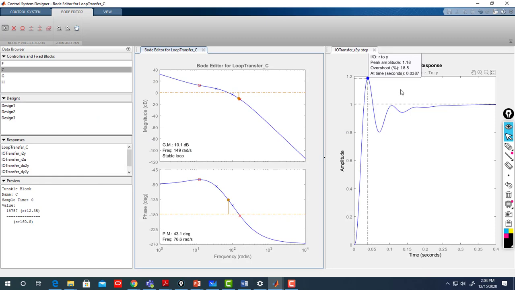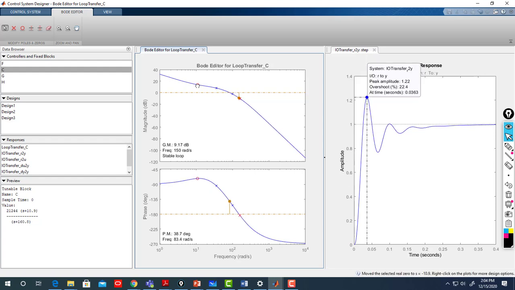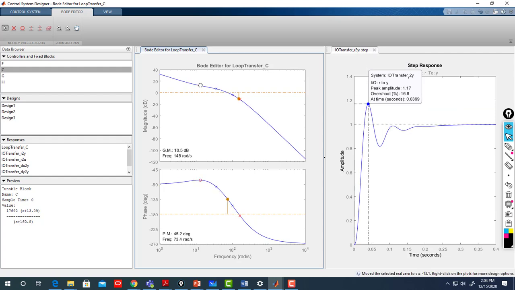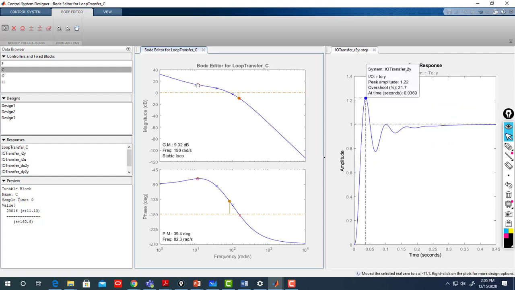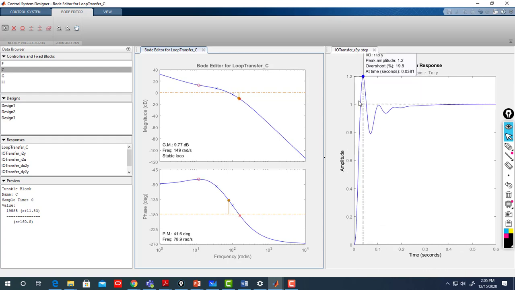Well, my peak time is less than 0.1, my overshoot is 18, so that's 20. Maybe I can. So this 22. Maybe this is too much. And the peak time is very slow. Now the system speed, you can see it's a slow system.